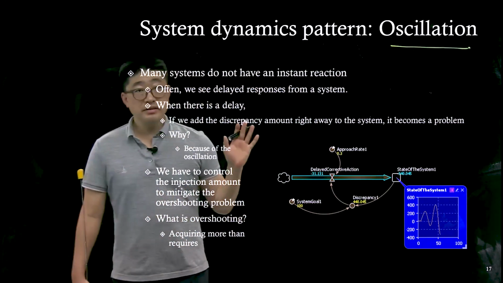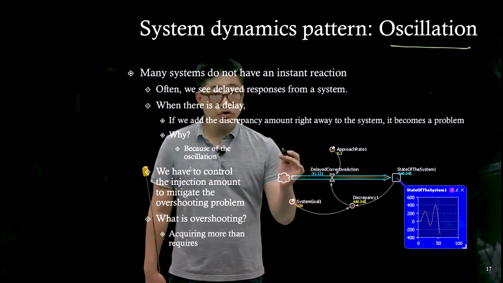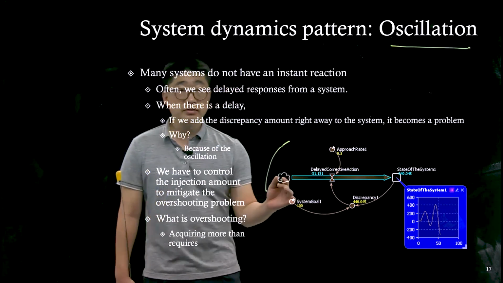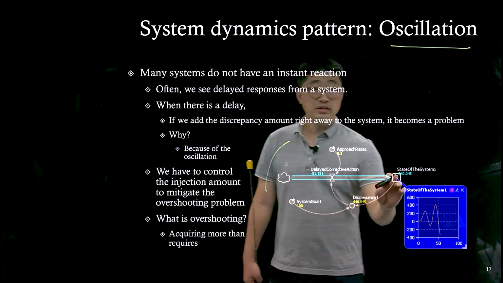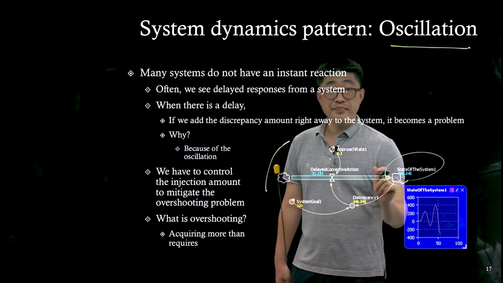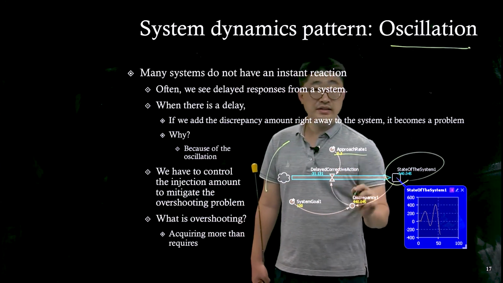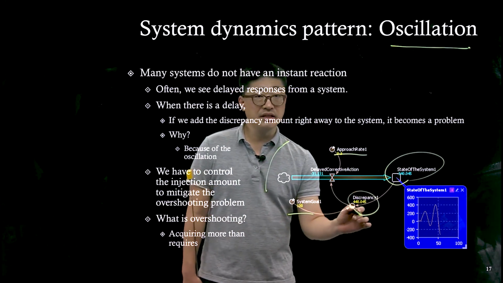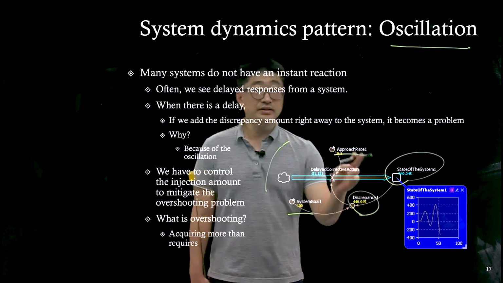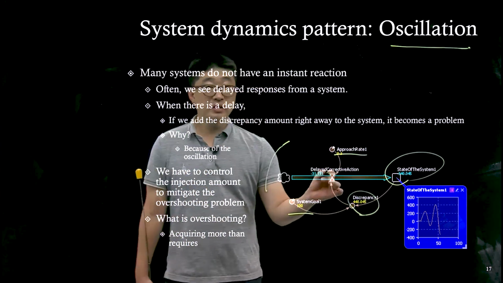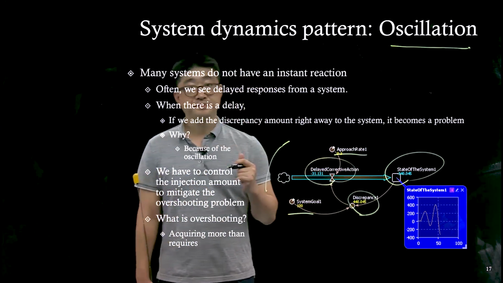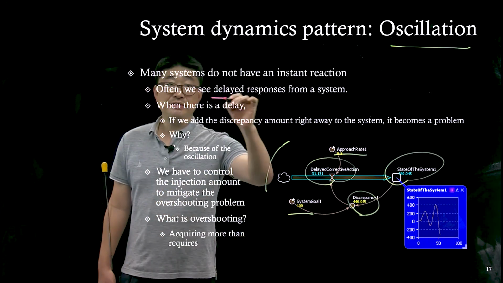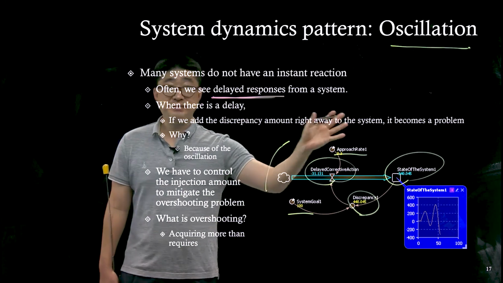This is exactly the same structure as the previous saturation case, because we have the outside source, the state of the system, the approach rate, and the system goal, and the discrepancy is multiplied by the approach rate to give the flow. However, one difference is that we have a delayed response from the system.